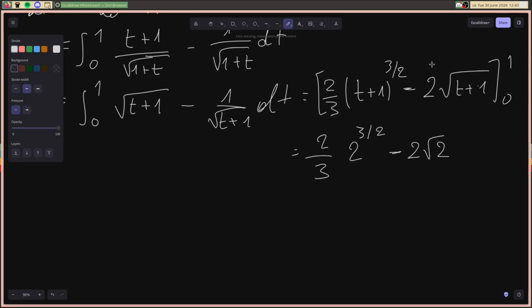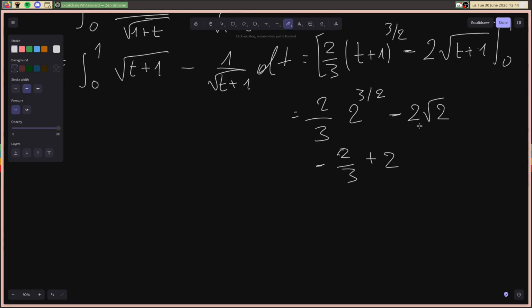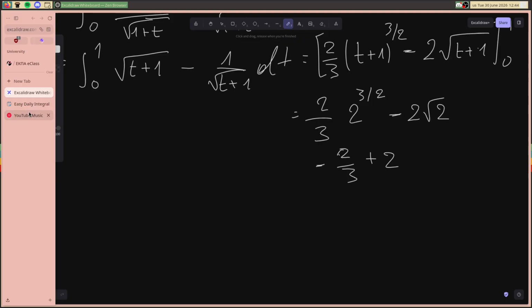And at 0, this evaluates to negative 2 over 3 plus 2. So I guess this is what this ends up evaluating as.